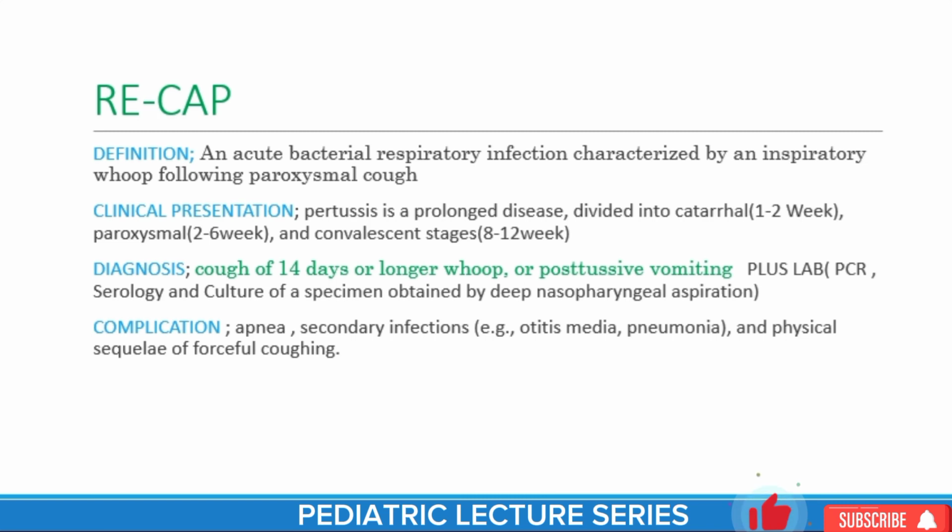In the diagnosis, you have a cough of 14 days or longer with a whoop or pertussive vomiting, plus lab findings, that is PCR, serology, or culture of the specimen obtained by deep nasopharyngeal aspiration. The principal complications are apnea, secondary infection, that is otitis media and pneumonia, and physical sequelae of forceful coughing.